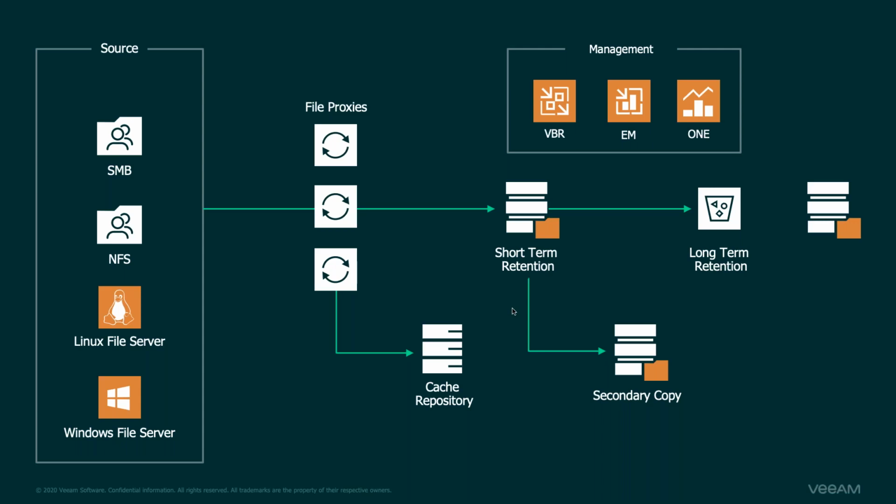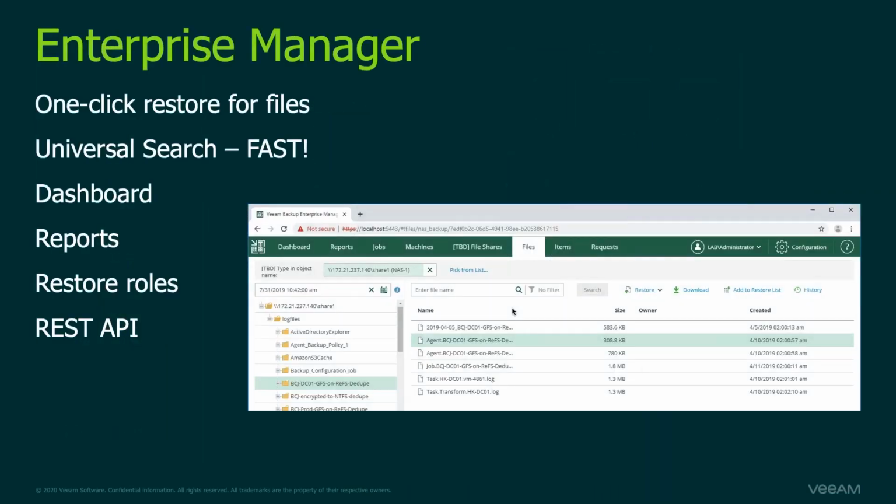So Enterprise Manager, for those that are not familiar, is our web interface, our overview of everything that we're doing from a Veeam Backup Replication server. Really ideal for distributed environments where you have multiple Veeam backup servers, for example. But what this gives is a web interface. You can define restore roles.